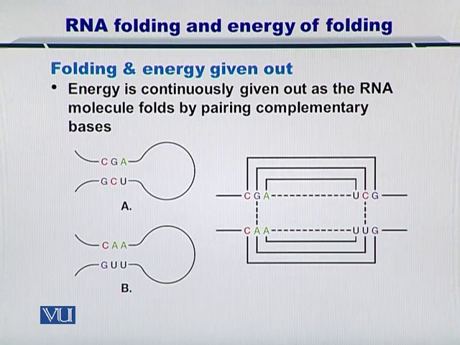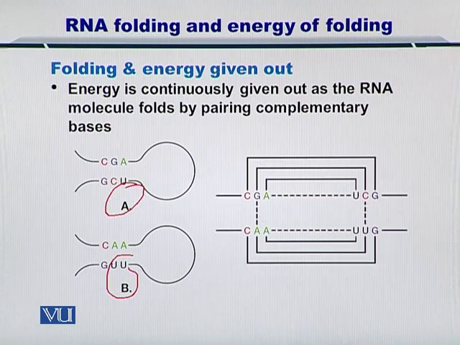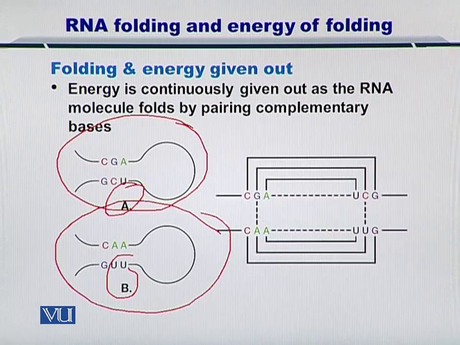As you can see, in A and B, two exactly same structures can be formed as the result of this process. However, the underlying nucleotide sequence is quite different between A and B, as you can see in this diagram.